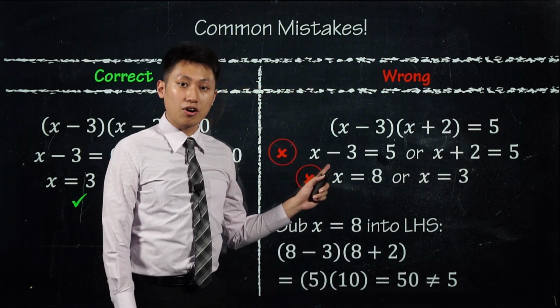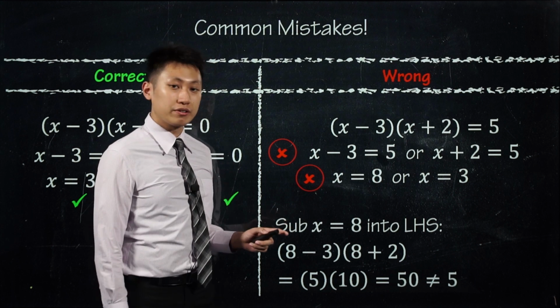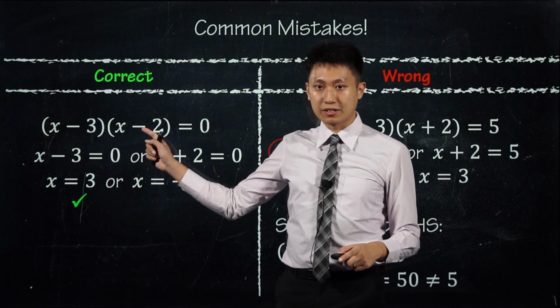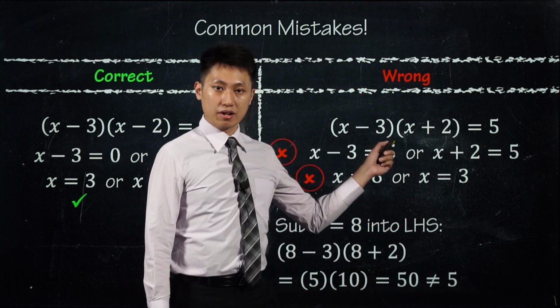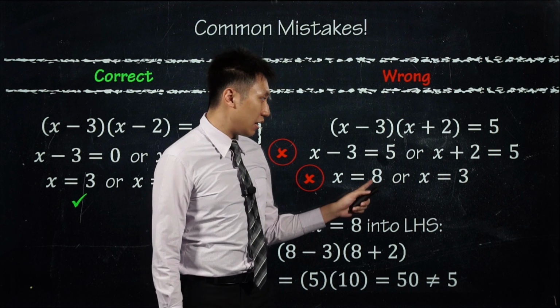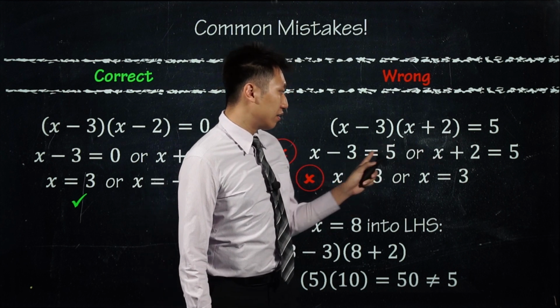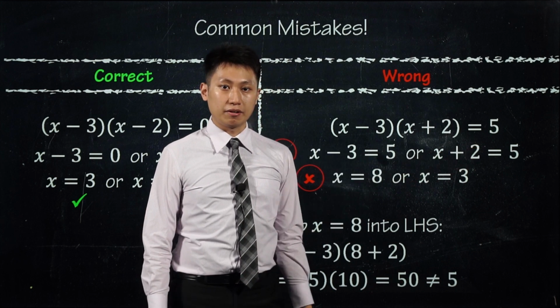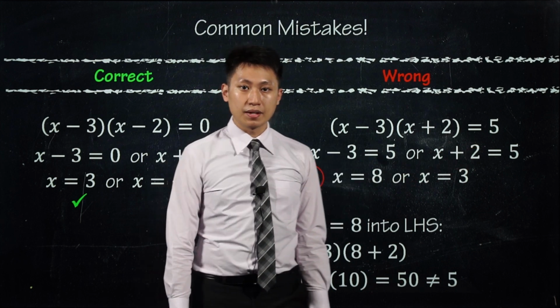So this is wrong. You have to be careful about this one. Two things multiplied together equal to 0 means one of them is equal to 0. But two things multiplied together equal to some other number, then it might not be both of them. Either one might not even be the number itself. So be careful about this.